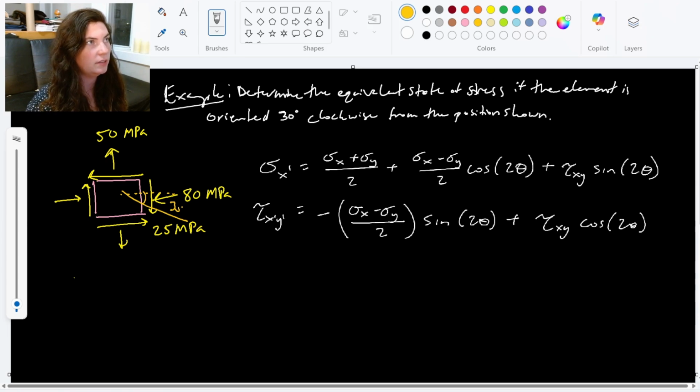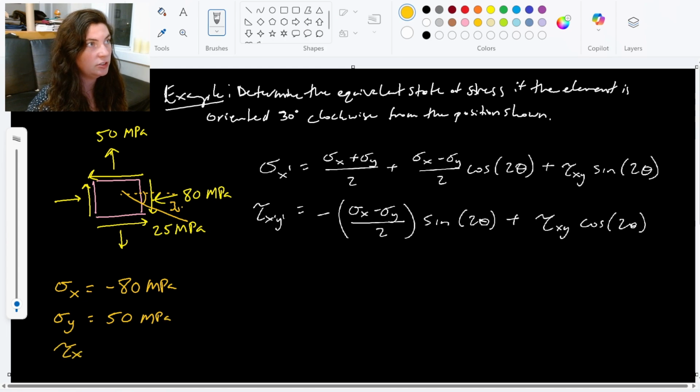So looking at what we're given here, we're given our x normal stress is 80 megapascals, but notice that it's pointing in towards the element, right? So what that tells us, it is a negative 80 megapascals. My normal stress in the y direction, pointing outwards, so it's positive. It is a positive 50 megapascals.